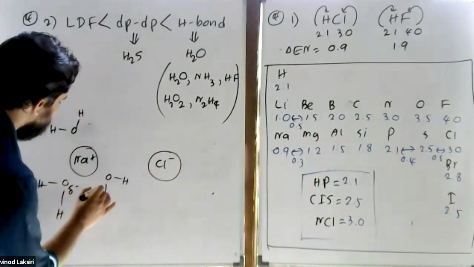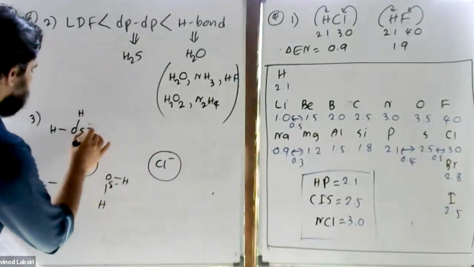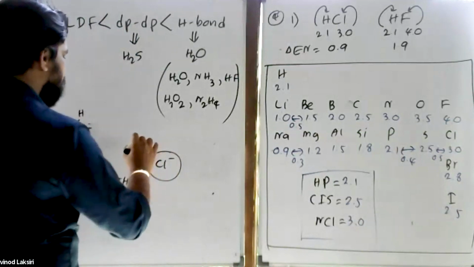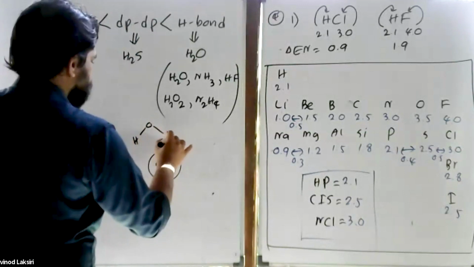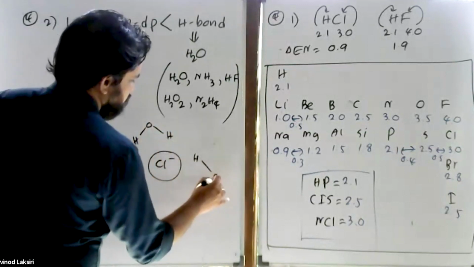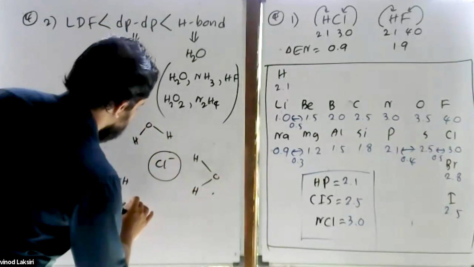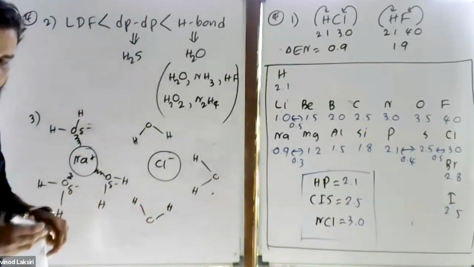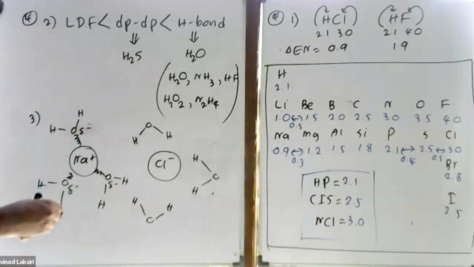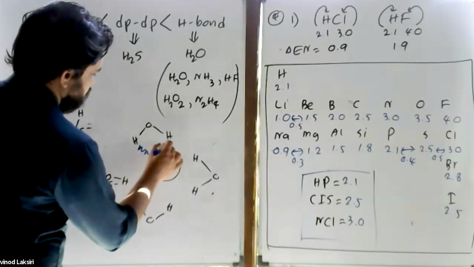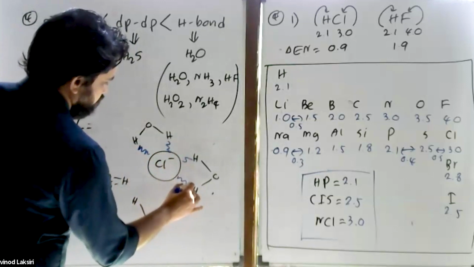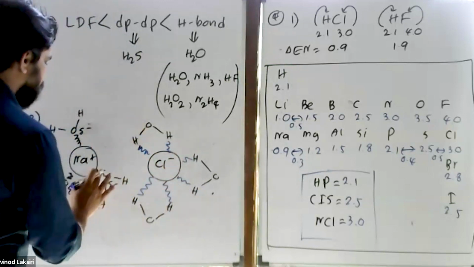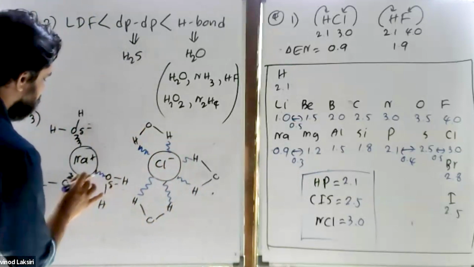That means negatively charged oxygen is attracted to sodium plus and positively charged hydrogen is attracted to Cl minus, this way, right? Hydrogen attracted to Cl minus, oxygen attracted to sodium plus.